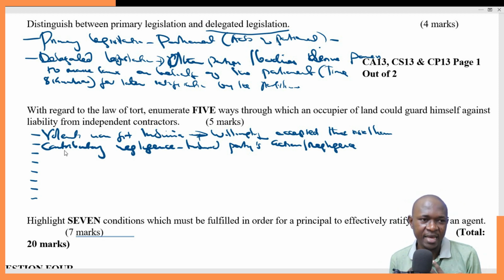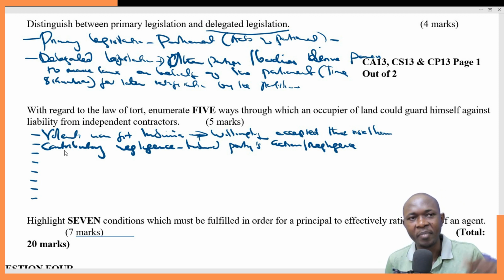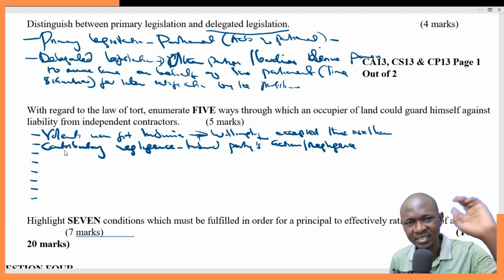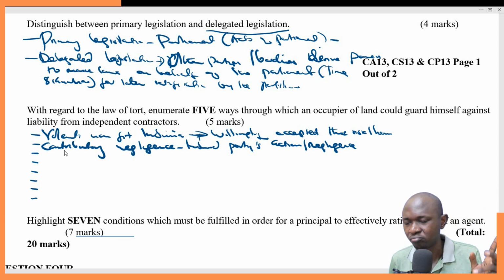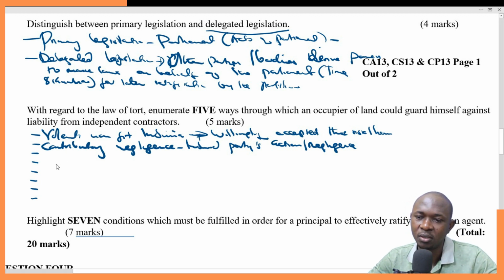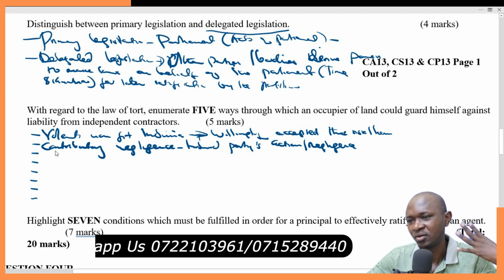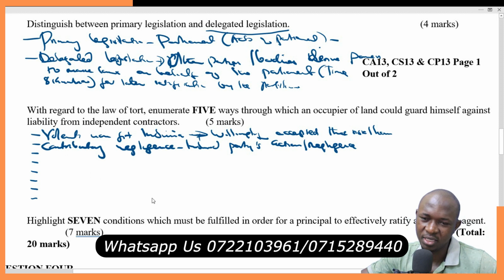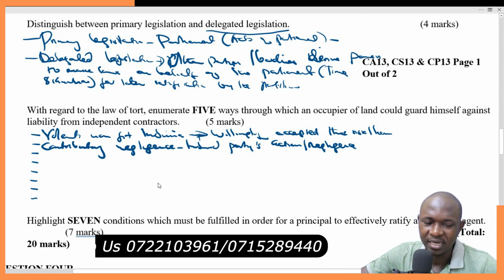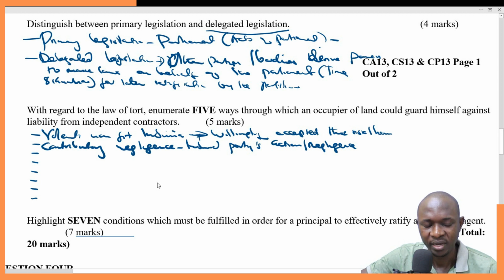So you can say, yes, I could have done this, but his actions or his negligence, he had a duty of care, and he failed to observe that, led to the harm. So it becomes the two of us are involved and not just me purely as the occupier of land. So you can also cite contributory negligence, that the injured party's action or inaction also contributed to the harm or the loss.